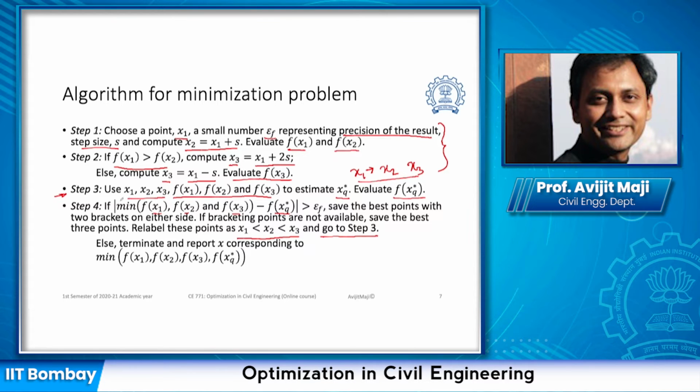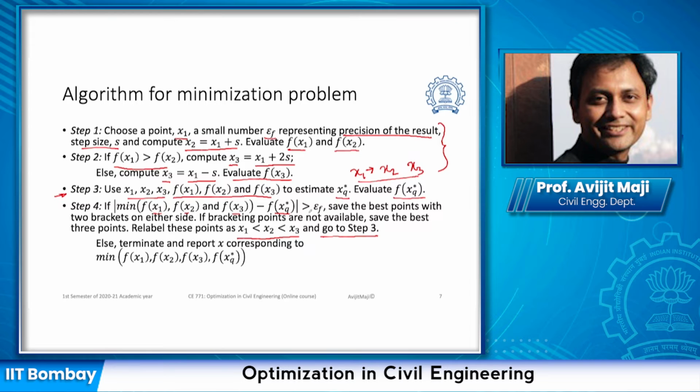Once we do this, we have to go to step 3. So in there we have revised the x1, x2 and x3, and we are again going to recalculate the optimum point based on a quadratic function, and the process goes on until we find that the difference between the best objective function of the 3 available points and the new point is less than or equal to the precision we want to achieve.